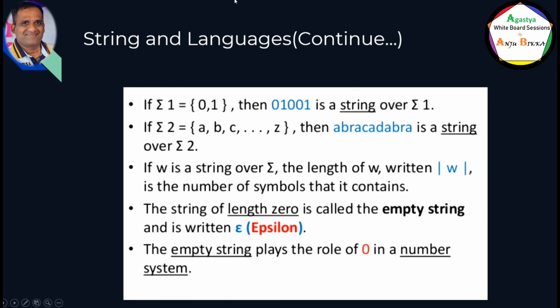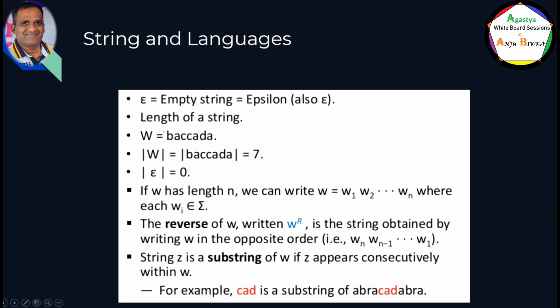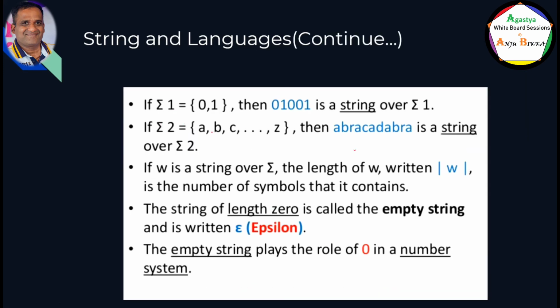This is very important to note. Now a string over alphabet sigma 2. The sigma 2 consists of A to Z. A string over sigma 2 means only these symbols are included in the string.